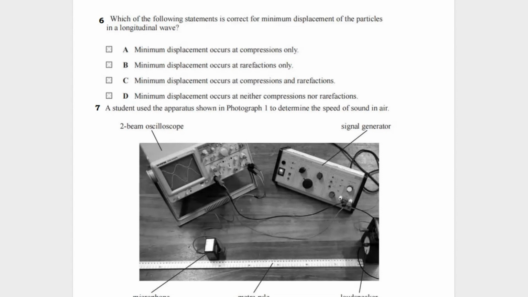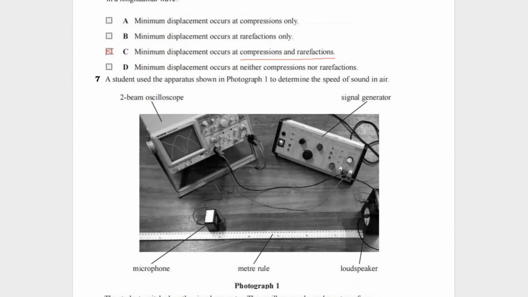So here you know that minimum displacement will occur at compressions and rarefactions both. So option C is the correct one. The center of the compressions and rarefactions will be at the minimum displacement. The other particles will have the largest displacement, which creates compressions and rarefactions at 2 points.